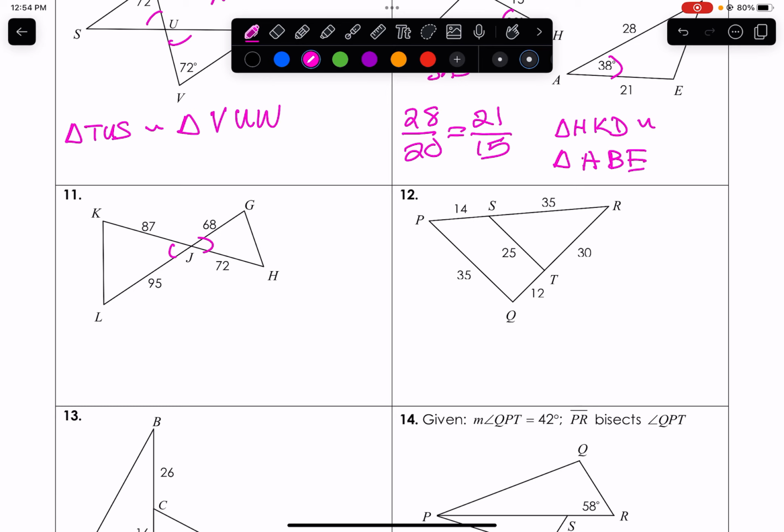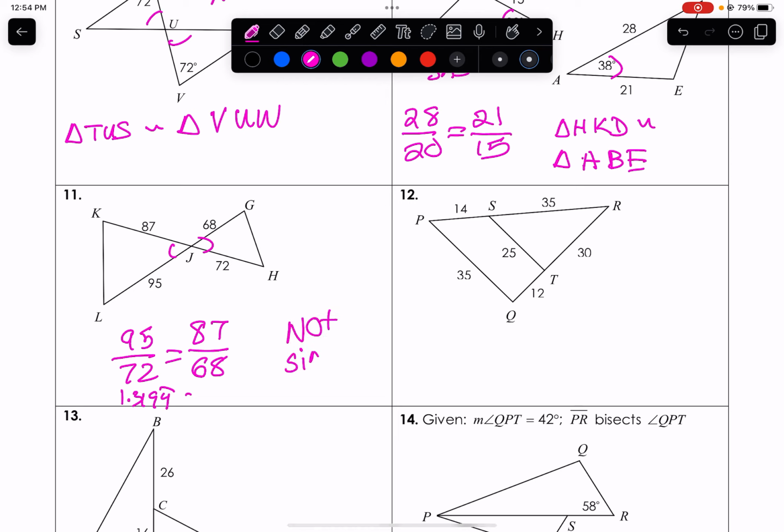Vertical angle, 95 over 72 would have to be equal to 87 over 68. 1.3194 repeating. Nope. Not similar.